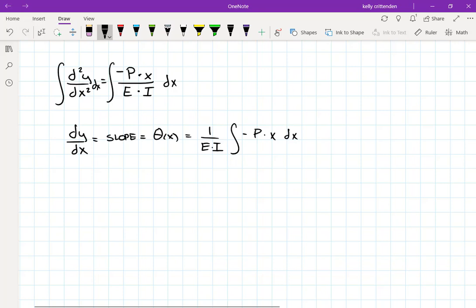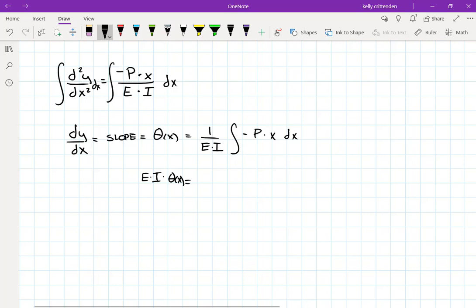So that's a simple integral to integrate. For now, let's take the EI and move it over to the left-hand side, with the theta, just to get it out of the way, since it's constant.